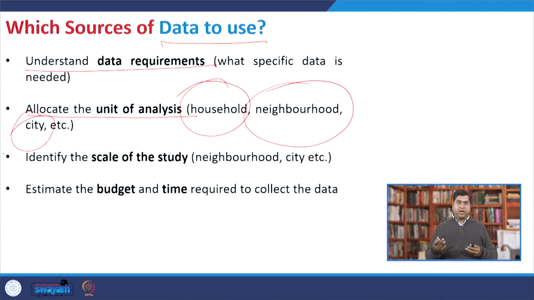So depending on the purpose, you need to understand what type of information you require. Identify the scale of the study. One is what information you require, and then where you are going to apply it: neighborhood level, city level, district level, regional level, or the country level, across different countries. So it all depends on the requirement.